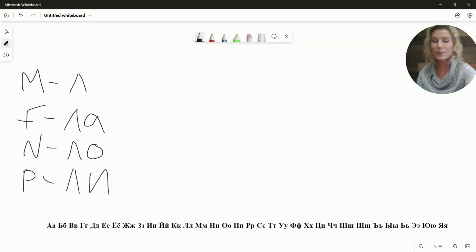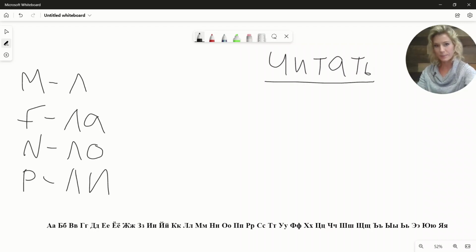Okay? So let's practice with this word, chitat. It means to read. For masculine, we're going to take the infinitive stem of the word and we're just going to add the suffix L. All right?